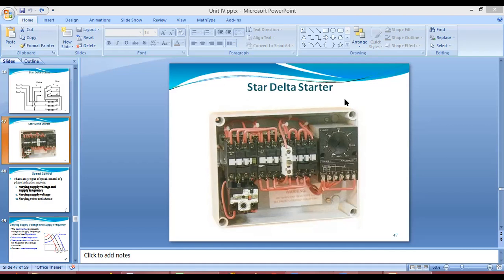Again, we can use different types of starter, like the auto transformer starter and the stator resistance starter. The auto transformer starter can be used for both star connected and delta connected squirrel cage induction motors.